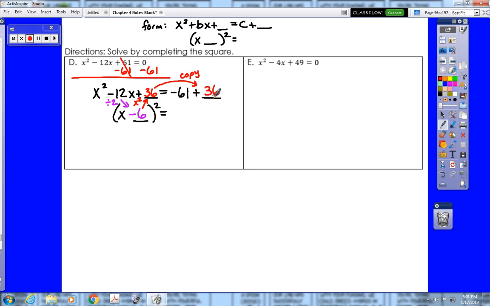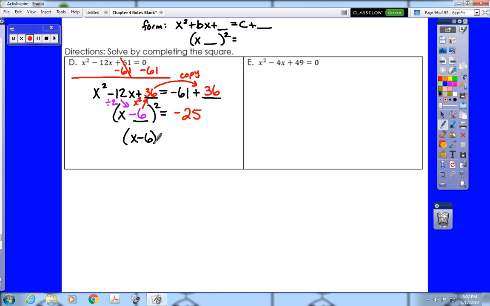The final step then is to add negative 61 plus 36, which is negative 25. Now the end result is we have taken our original equation and rewritten it as a problem that would be solved with the square root method. We have x minus 6 quantity squared equals negative 25. So our next step then would be to get rid of the parentheses by taking the square root.